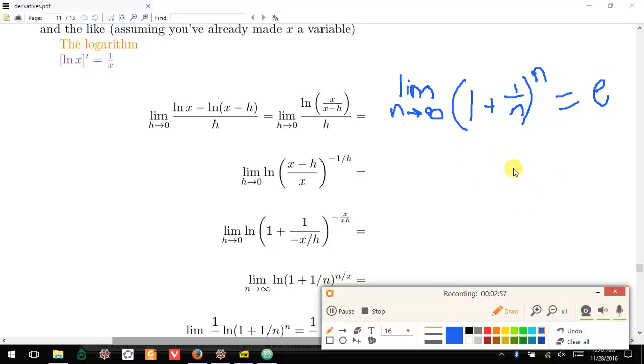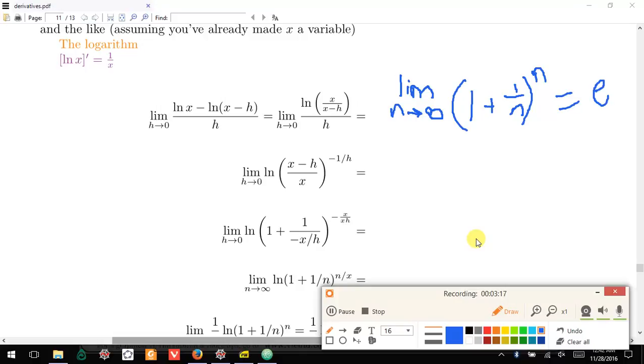And so since I know that this is what e is, and this has ln in it, it seems like with a little bit of manipulation, I could get that sort of 1 plus 1 over n business going on. But how do I do it?